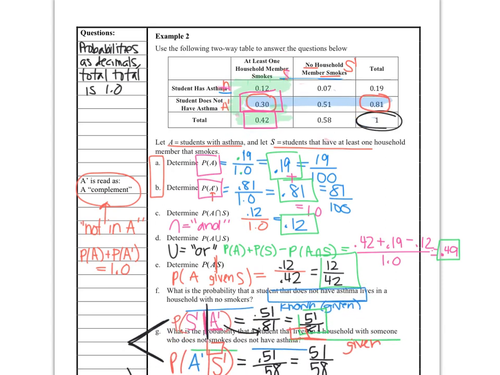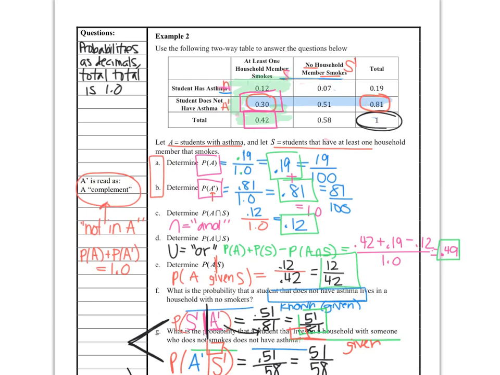So you can see that I highlighted in blue A complement's row because I'm focused on all the A complements, the non-asthmatic students. So out of all of them, out of the 0.81, how many of them are in a smoker household? Well, that's 0.30. So my number becomes 0.30 over 0.81 and then drop the decimals, so 30 out of 81.